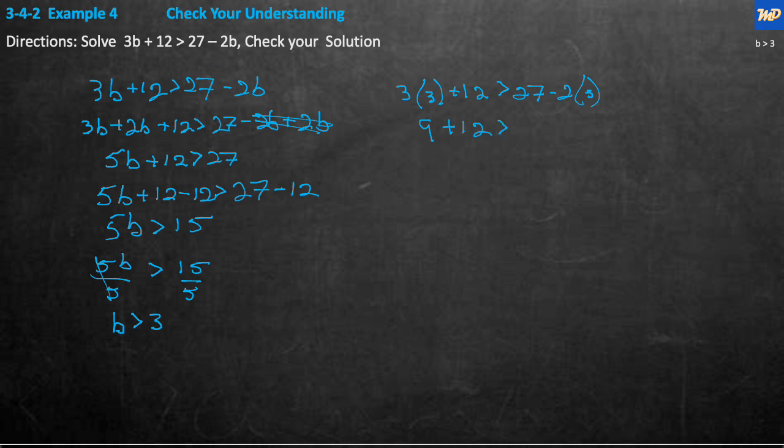No, in this case we're checking for equal to, I'll change it fully to an equals, because when you're doing the substitution like this, you're trying to find that you've done the mathematics correct. So 9 plus 12 is 21. And 27 minus 6. Is 9 plus 12, 21, equal to 27 minus 6, 21? Yes, it is.